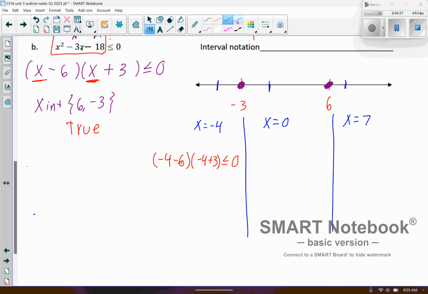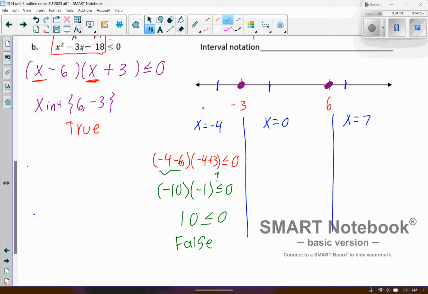This gives me negative 10 times negative 1 is less than or equal to 0, and we're trying to see if that's true. That would give me positive 10 is less than or equal to 0. Well, that is false. So I don't want to shade this side of the interval right here.